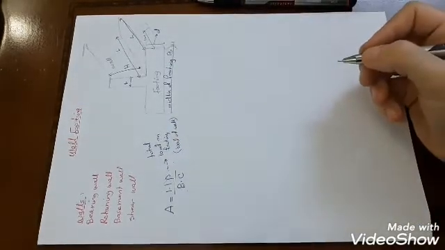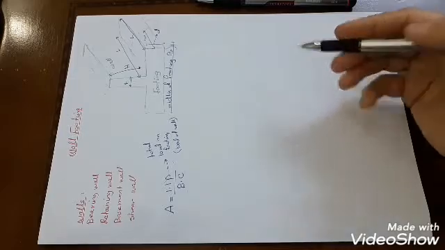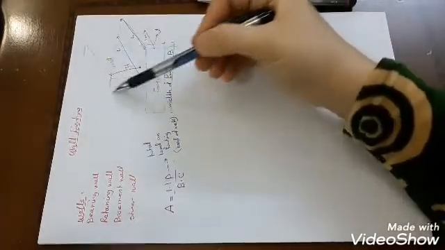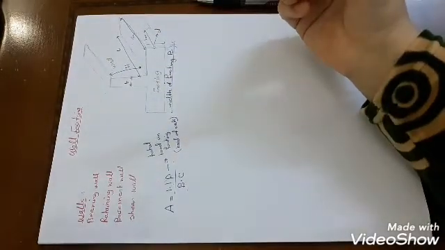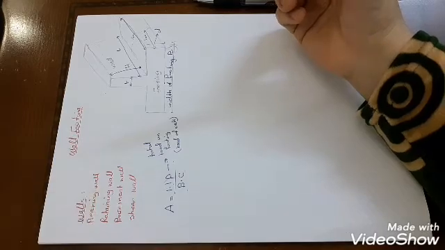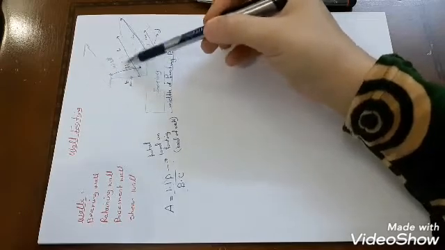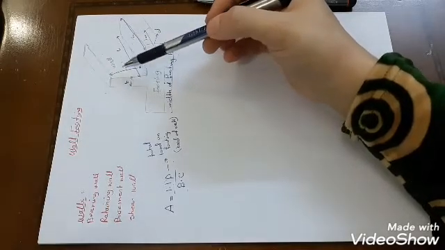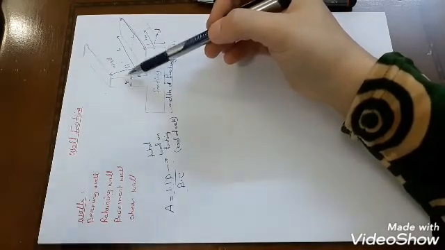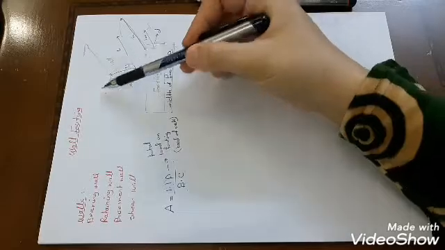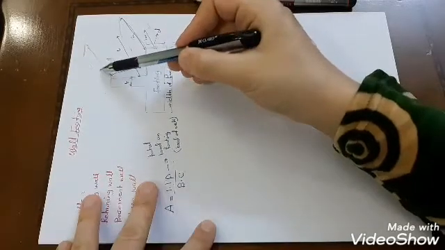What's the load of the wall? The first load that this wall could carry is the own weight. For any structural or reinforced concrete member, the first load that could be applied is the own weight. What other loads could be applied on this wall?